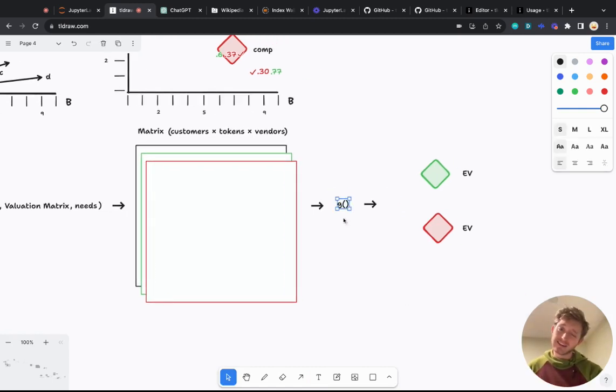So this function is probably pretty simple.